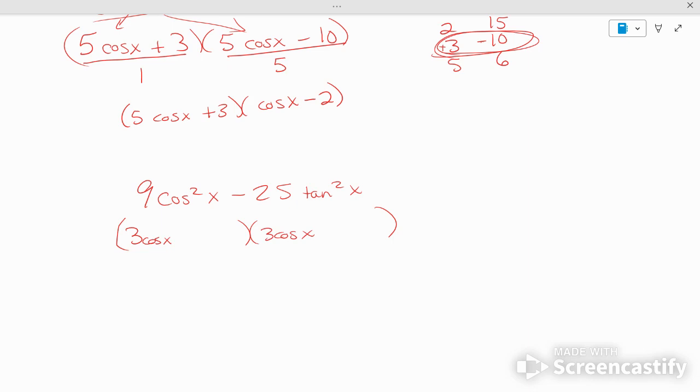No, not the sign of the middle. They have opposite signs. So there's 1 plus, 1 minus to make a negative 25. And then 5 tangent of x, 5 tangent of x. Okay? Difference of squares factoring.